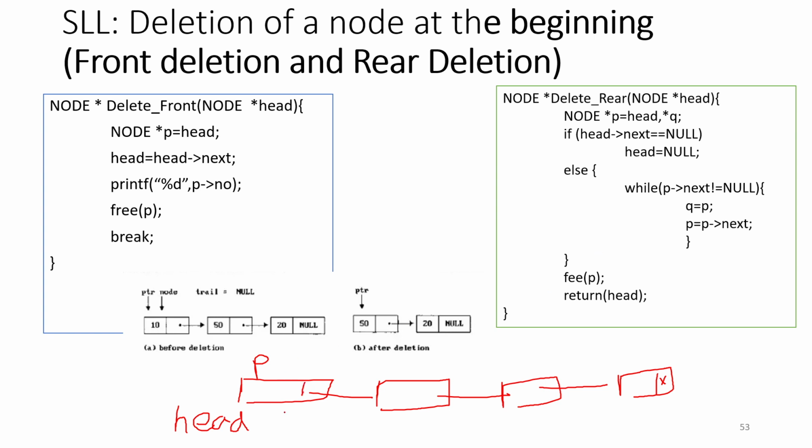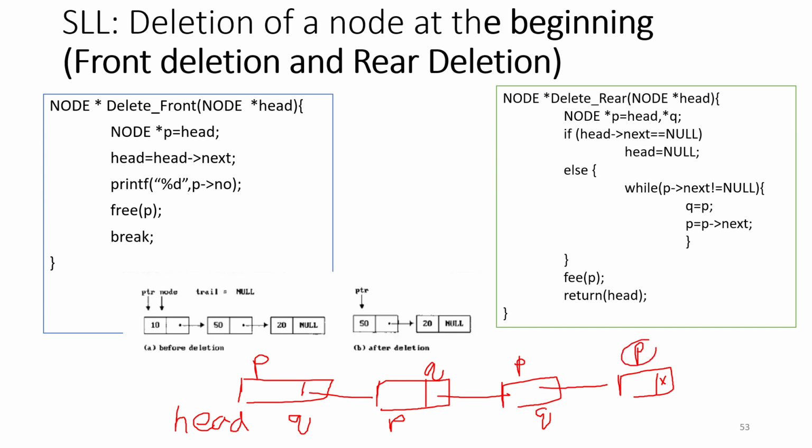No. You store this in variable Q and then move P. In the next round, is P of next null? No. You store this in Q and go to the next node with P. Is P of next null? No. Go to the next node with P and this becomes Q. Is P of next null? Yes, it is null. So the node to be removed is P.